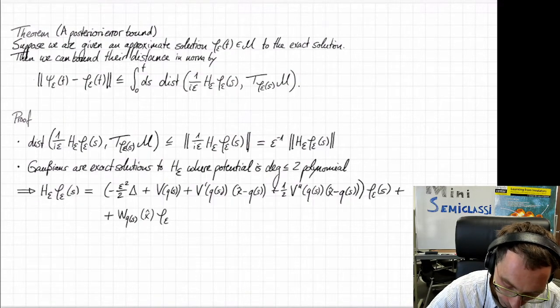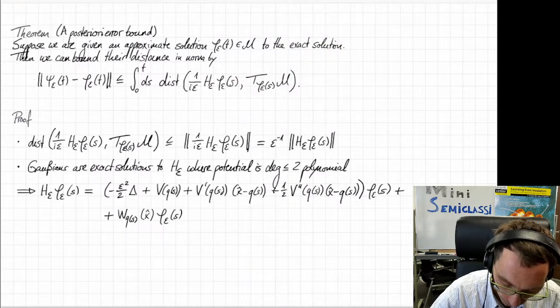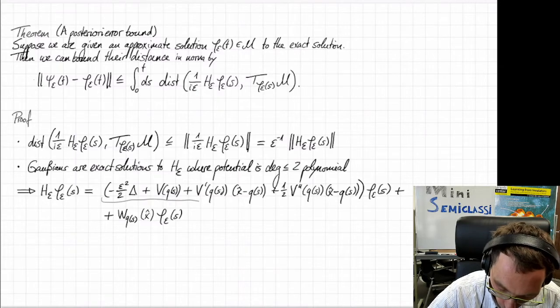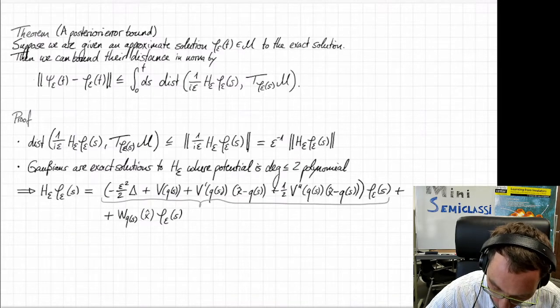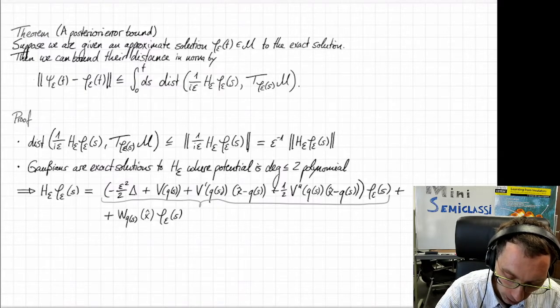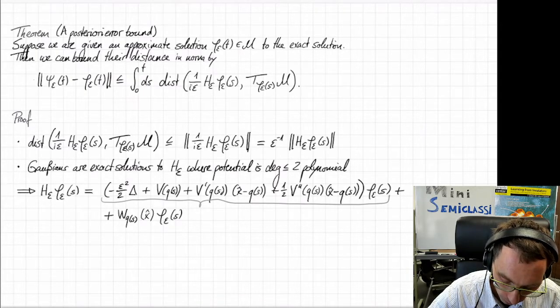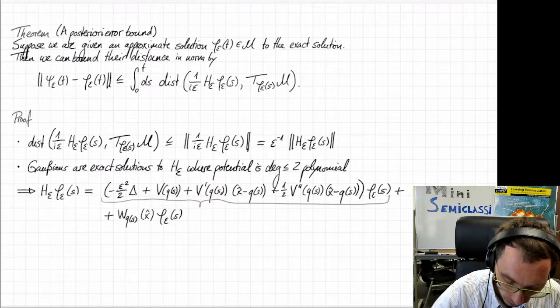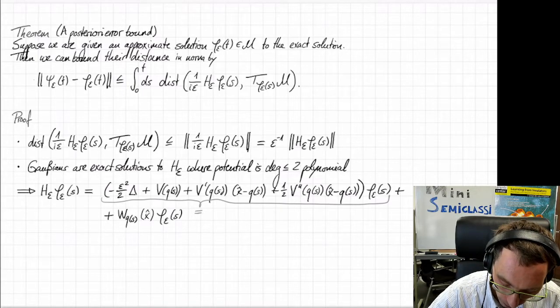Applied to phi epsilon of S. And now, because Gaussians are the ground state wave functions to the harmonic oscillator, once I choose the right parameters to offset this term here, I can make this vanish.